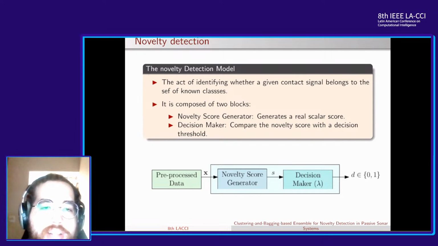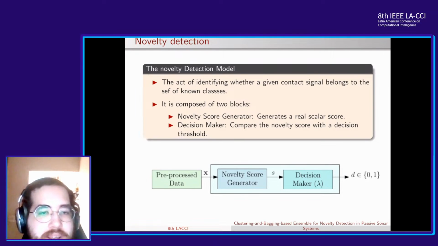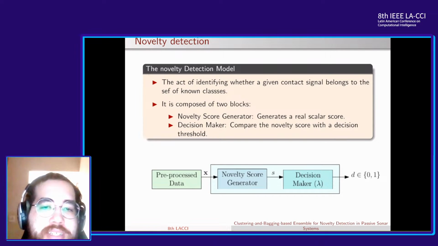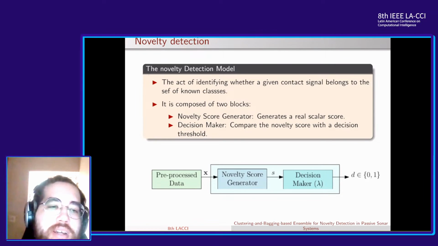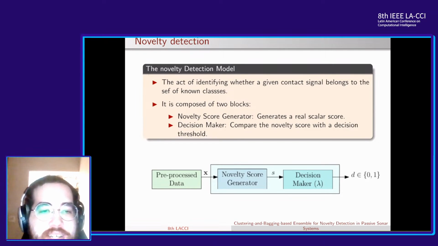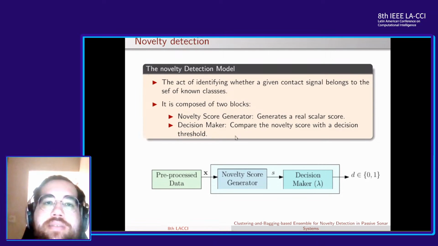The novelty score generator has the role of generating a real score, responsible for quantifying the level of similarity between the data under analysis and the set of known instances, which can be implemented by a range of machine learning techniques. The decision maker is based on a user-defined real-valued decision threshold, to which the value of the novelty score is compared, such that if the score is greater than the decision threshold, the system indicates a novelty occurrence, otherwise a non-novelty.